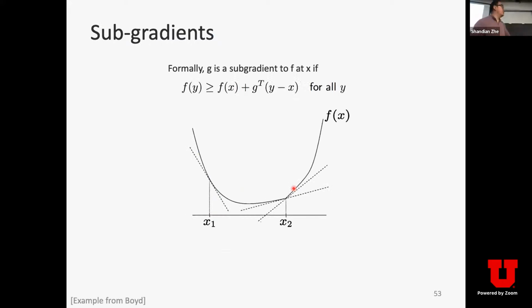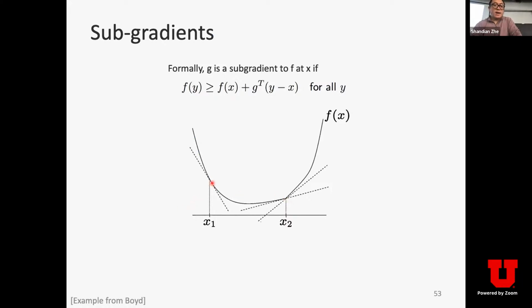Let's use one concrete example. I have a convex function f of x here. At position x1, f of x is differentiable. It's continuous, right? But at x2, it's not continuous, and it is not differentiable as well.